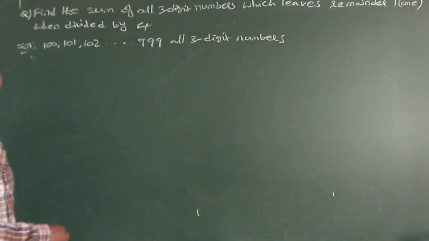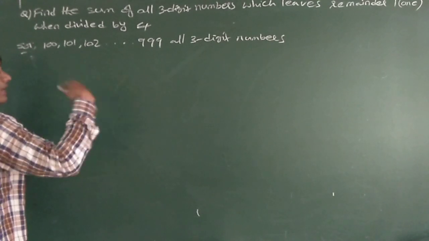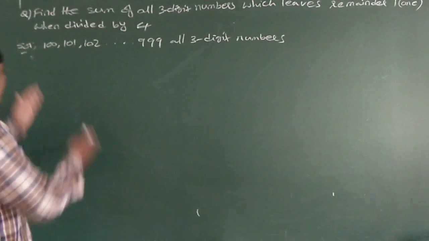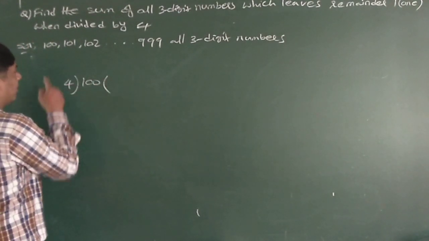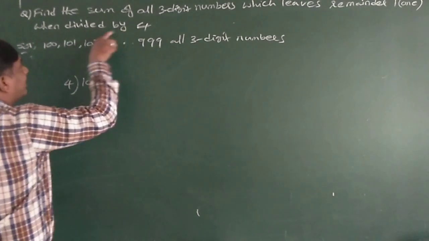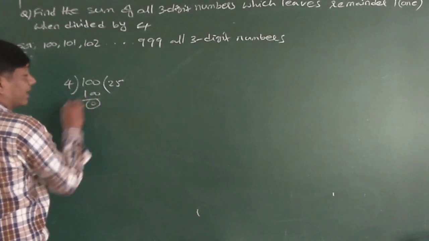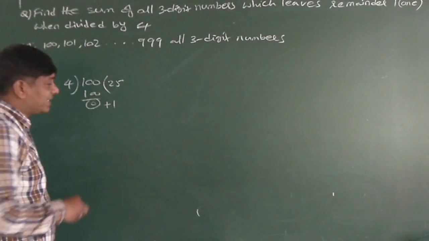The first 3-digit number is 100. Suppose I am finding the numbers which leave remainder 1 when divided by 4. If I divide 100 by 4, 4 fives are 20, 100, remainder 0. What I require is remainder 1.